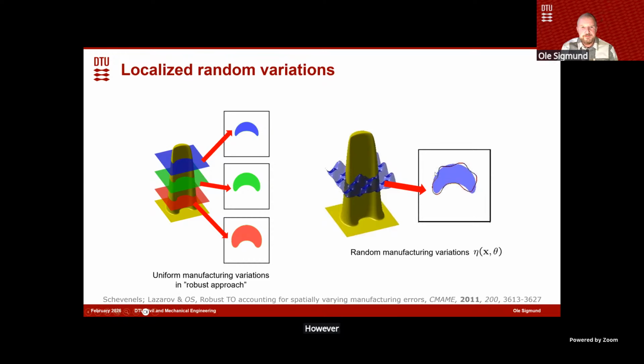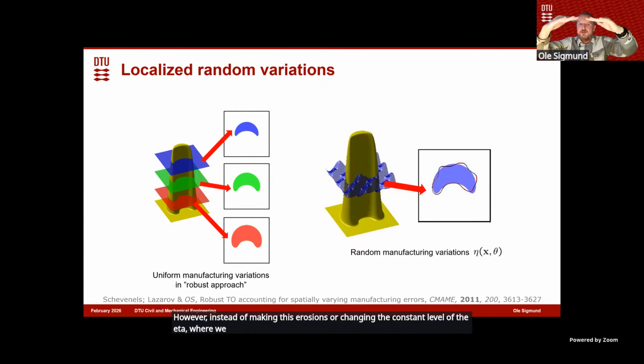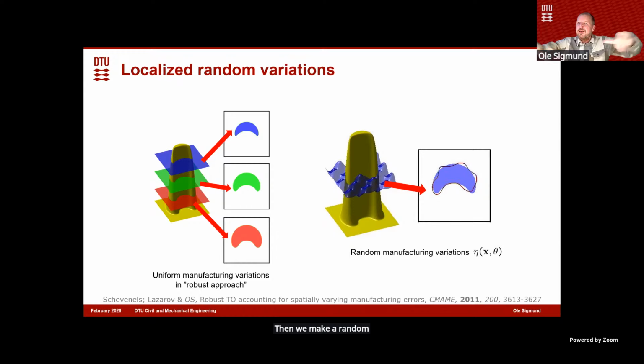However, instead of making this erosion, so changing the constant level of the eta where we threshold to get eroded and dilated structures, we make a random surface and use that to threshold or smooth threshold. And in that way, we can get random perturbations.